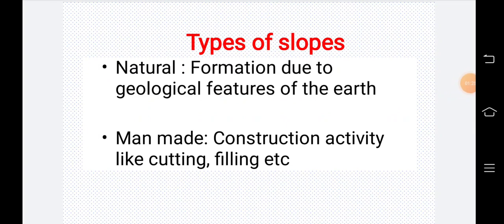The introduction part. So what is meant by stability of slope? What is meant by slope? As we know, in unit number 4, shear strength of soil, we learned that every soil mass has sloping surfaces, due to which, under the action of gravity, material will fall from higher elevation to lower elevation.